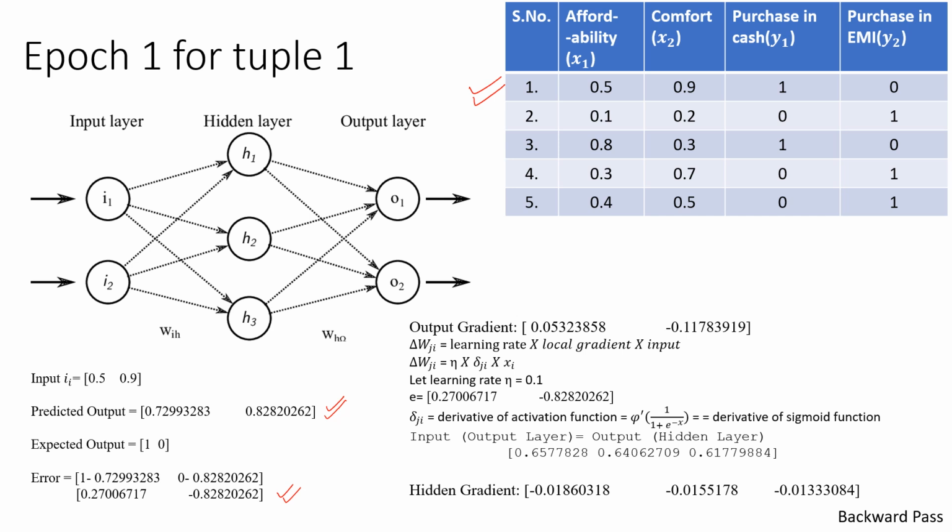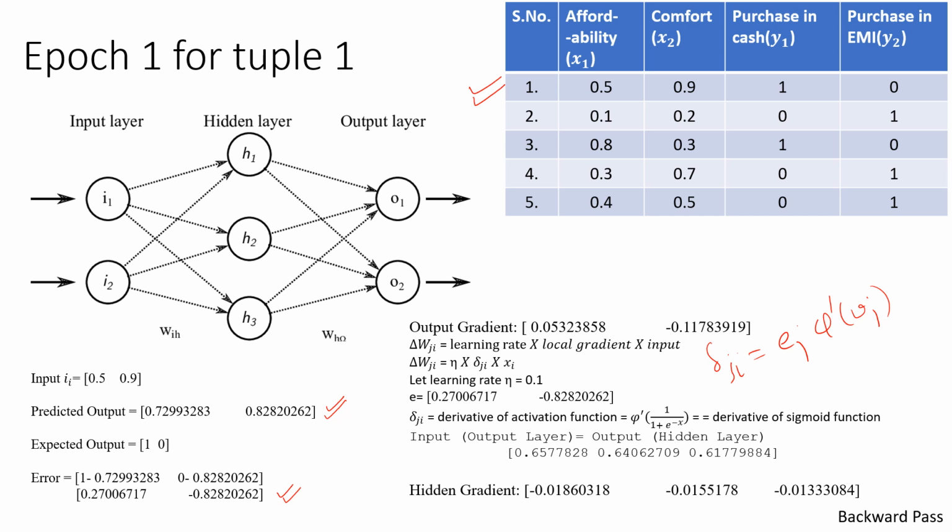The formula for local gradient is the error at the jth neuron into phi dash of Vj, where phi dash of Vj is the derivative of my activation function. Assuming a sigmoid activation function, the derivative of the sigmoid is output into 1 minus output.